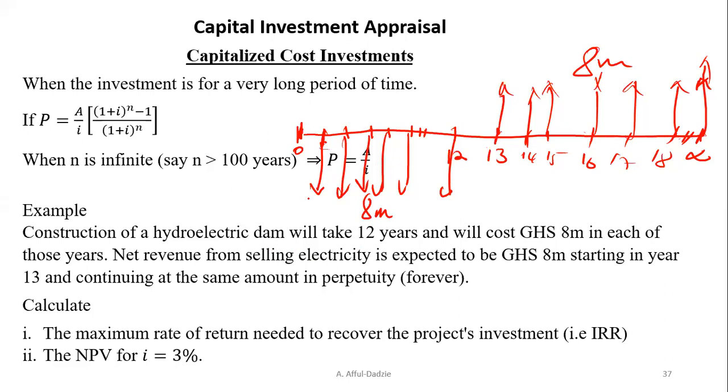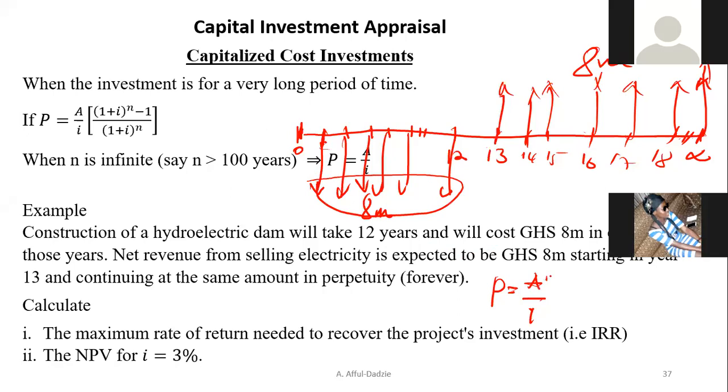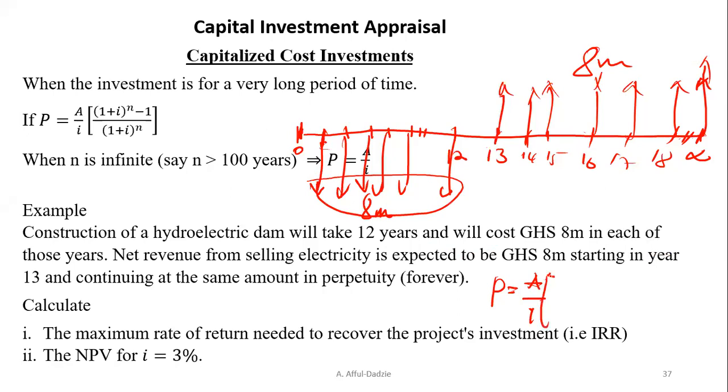we can first start from the costs and use our uniform cash flow procedure, which we know to be P equals A over I times 1 plus I to the power n minus 1 all over 1 plus I to the power n.